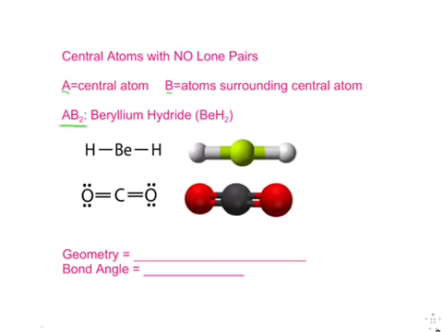Generally speaking, central atoms with no lone pairs of electrons will have this format, AB2. An example of this would be beryllium hydride. And then we see that we have a perfect linear geometry. And then the bond angle, the angle right here, or here, or over here, each of those bond angles is 180 degrees. Makes sense. A line has 180 degrees.